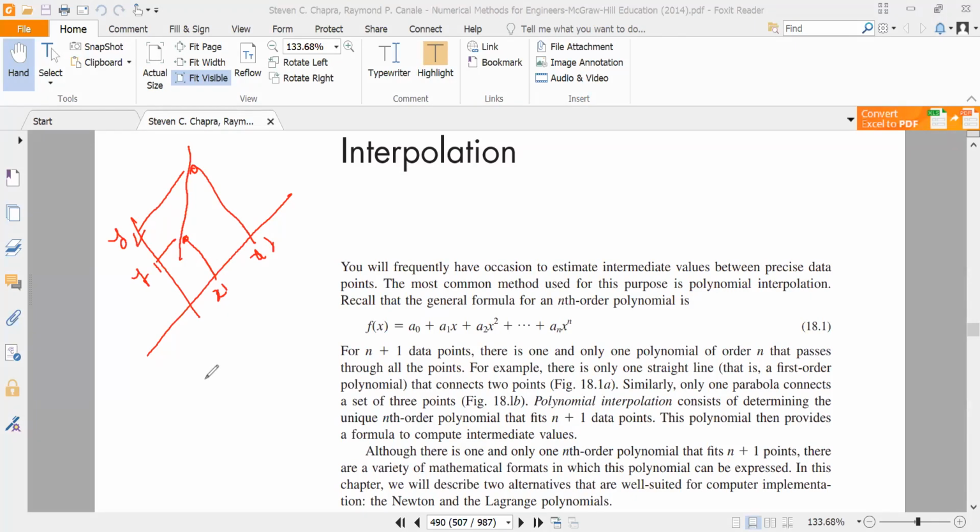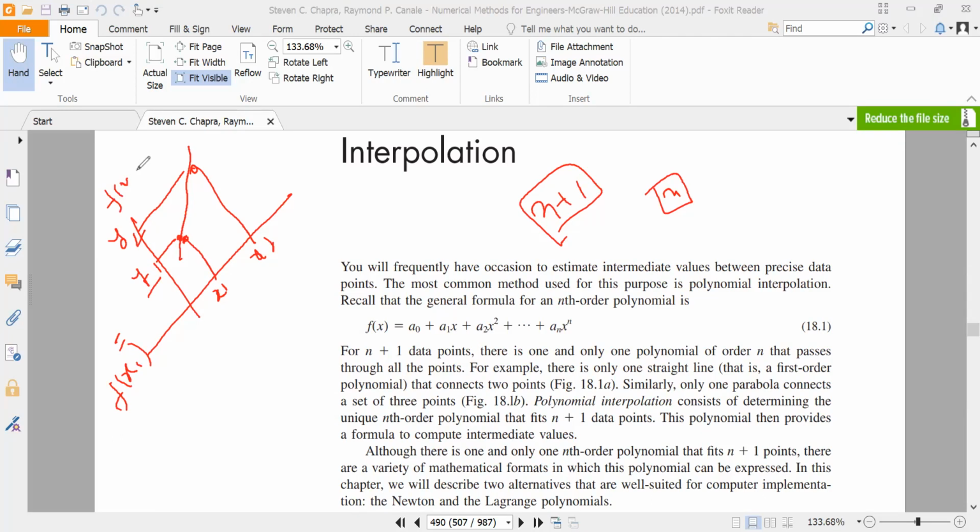If you have n plus one data points, then we need a polynomial of order n that will pass through these n plus one data points. And the logic is simple. If we have a straight line through data points, one point is x1, y1, and another is x2, y2.